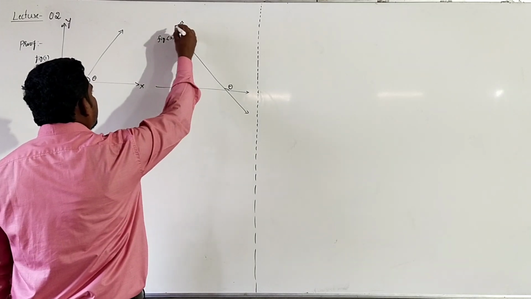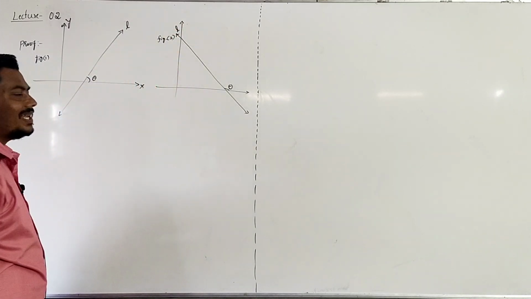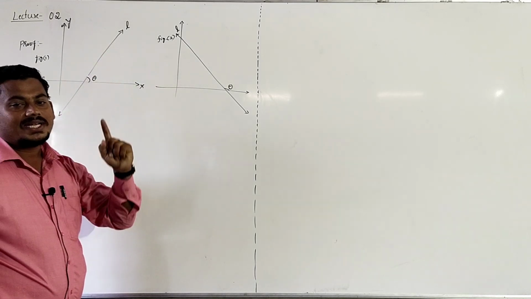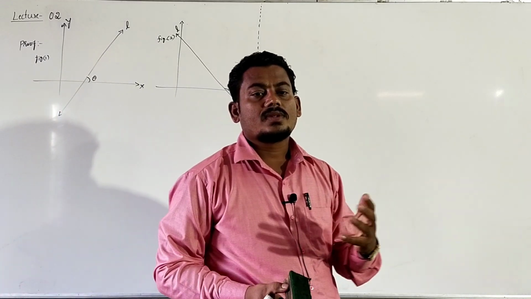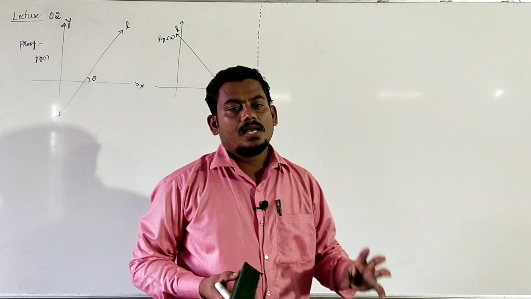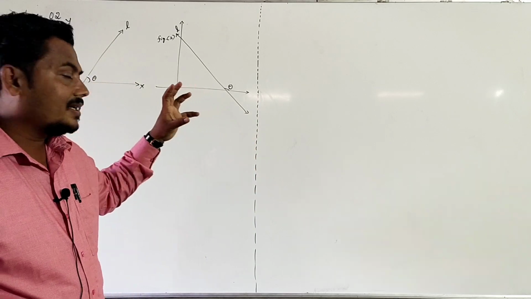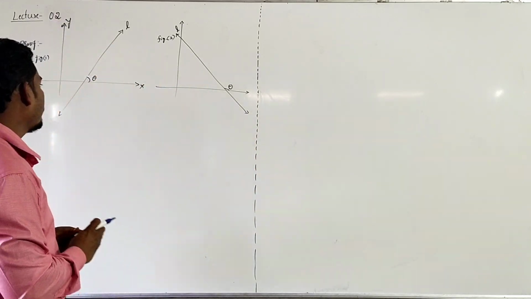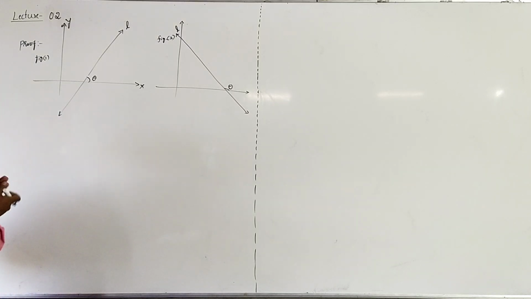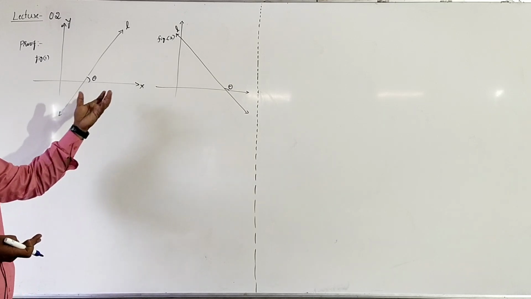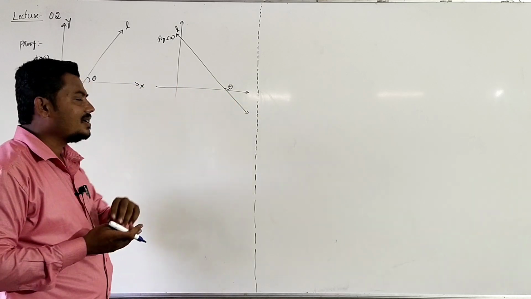In both cases, our straight line is L only. Let L be a non-vertical line. Non-vertical means it should not be perpendicular to the x-axis, right? In both cases, L is any non-vertical line, and theta is the inclination of the line.